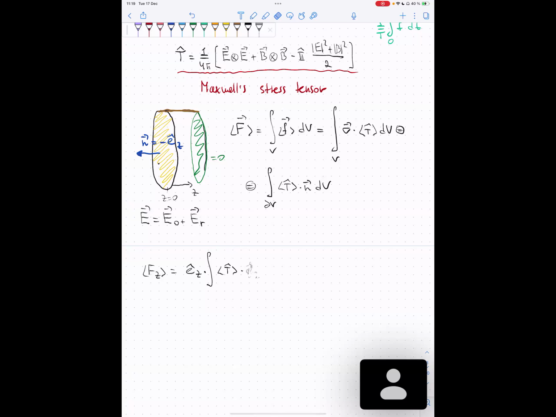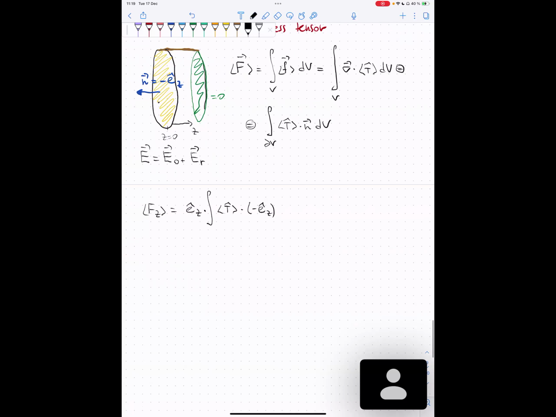So it's minus Ez, integrated over the surface of the cylinder. Because our electromagnetic fields do not depend on X and Y coordinates, basically this means that the expression equals minus an average.